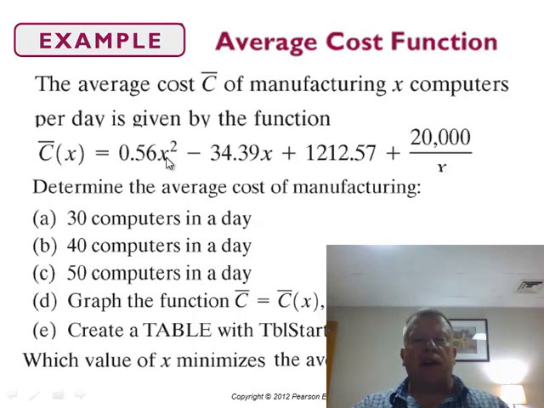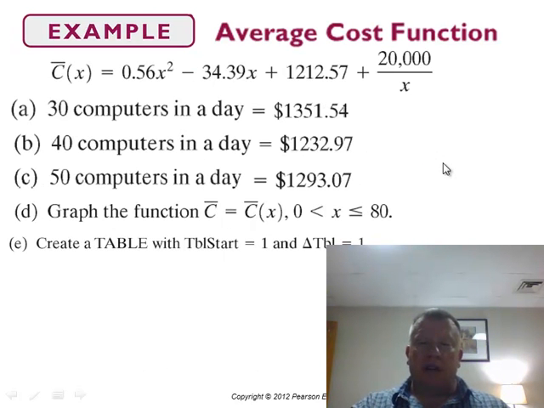Folks, just plug 30 in for X. So you're going to have 30 squared, which is 900, times 0.56, minus 34.39 times 30 plus 1212.57 plus 20,000 over 30, whatever that is. And I showed you last time how to evaluate functions.